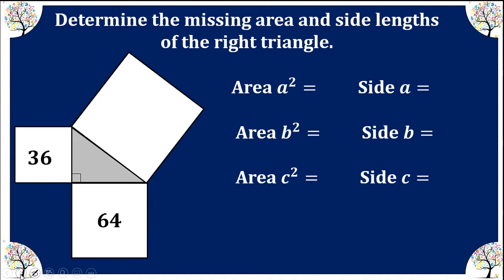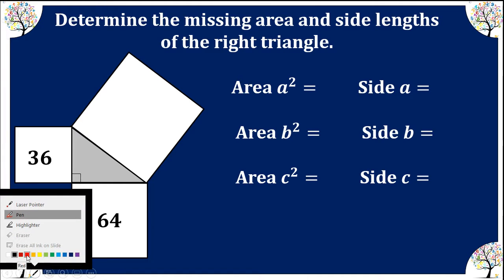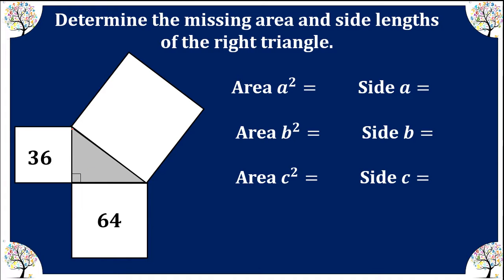Now let's determine the area of the missing square, and then use that to find the side lengths of the right triangle. So here we have a leg and another leg. The two legs create the right angle. Our hypotenuse is this length here.